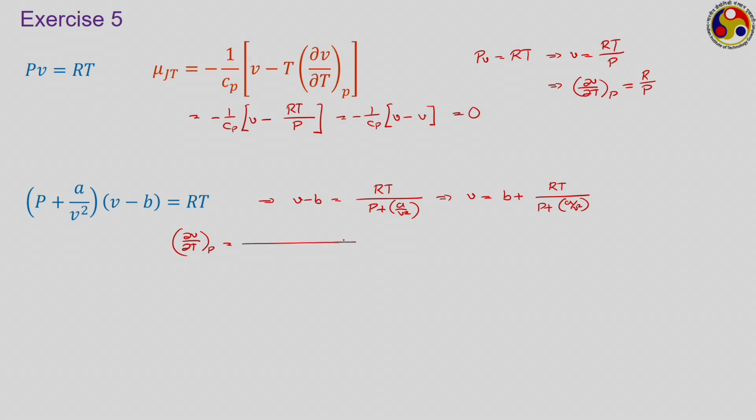So, it becomes R into P plus A by V square minus RT into... P is a constant here, A is also a constant.